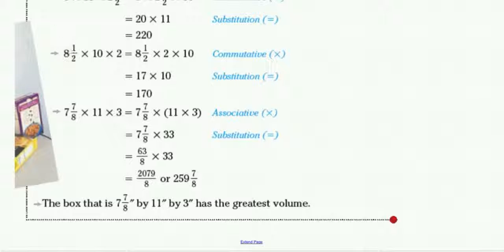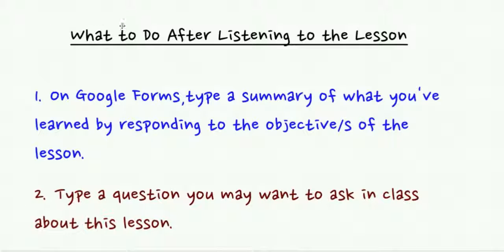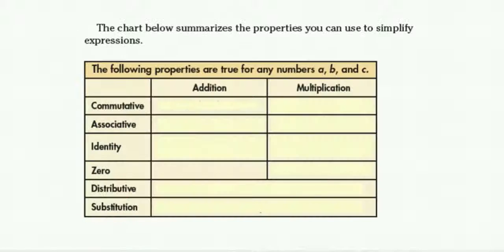Okay? And finally, let's summarize the properties that we have learned. The chart below summarizes the properties you can use to simplify expressions. The commutative property works for addition and multiplication. Associative property as well, addition and multiplication.